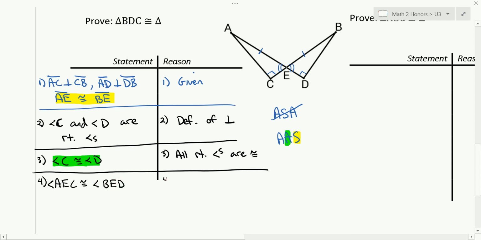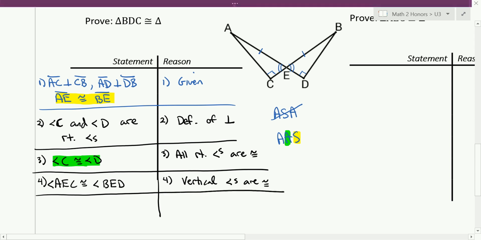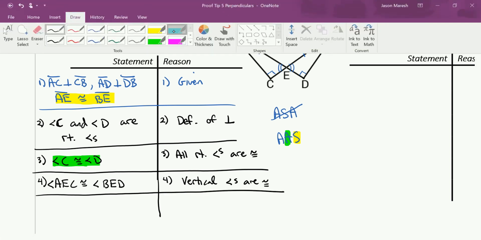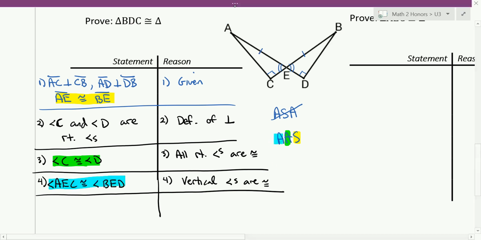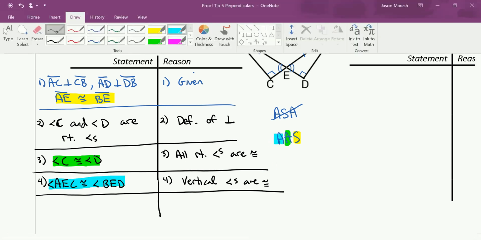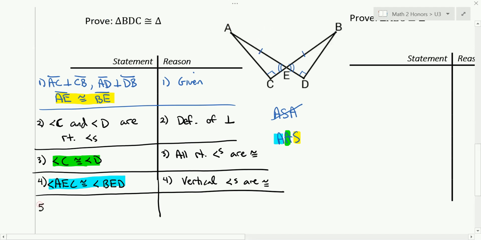Why? Vertical angles are congruent. All right, so now we have our third statement that we need, and now we can finish our proof with statement 5, saying the triangles are congruent.